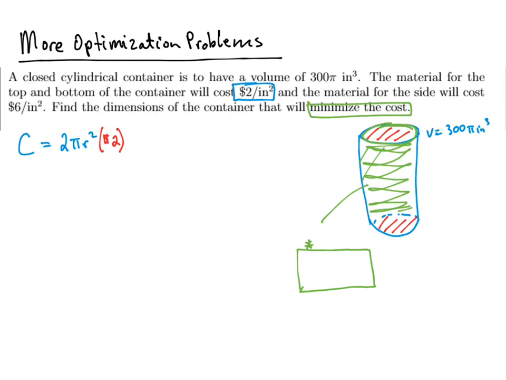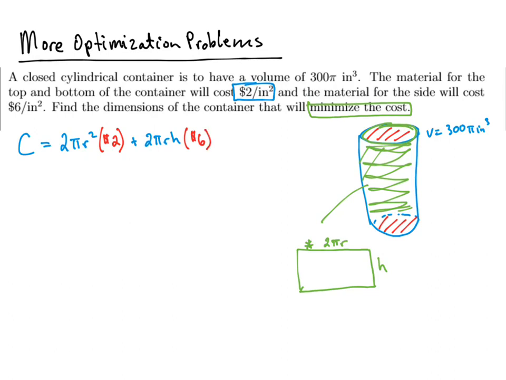So that's going to be 2 pi r, and then this is just h. So the area of the side portion of the cylinder is 2 pi r times h, and then the material cost for that portion is $6 per square inch.